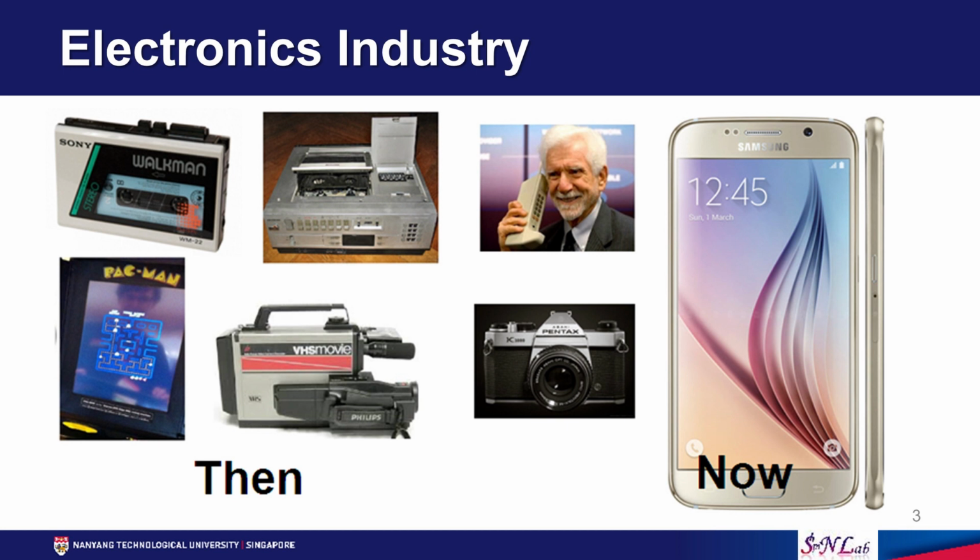Basically, electronics in general is facing two major changes in the recent past. One is that people are looking at new materials, and another trend is that artificial intelligence is gaining more attention these days.